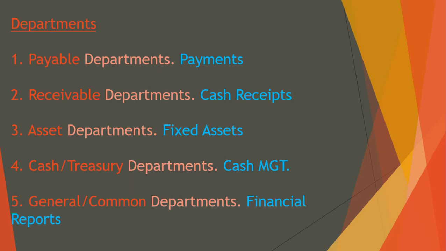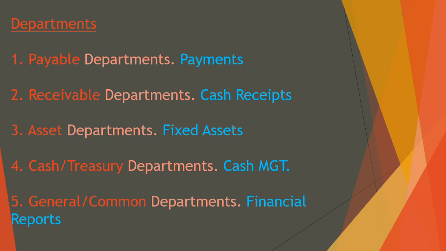So in an organization, you'll find we have departments, and under finance we have several departments, like the payables department, where payments will always be done. Then we have the receivables department. Under this, we receive cash.